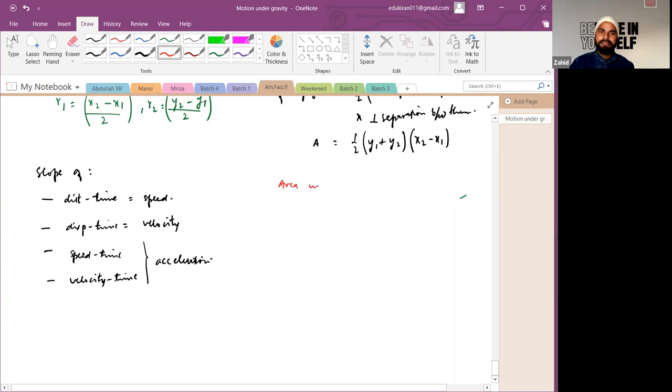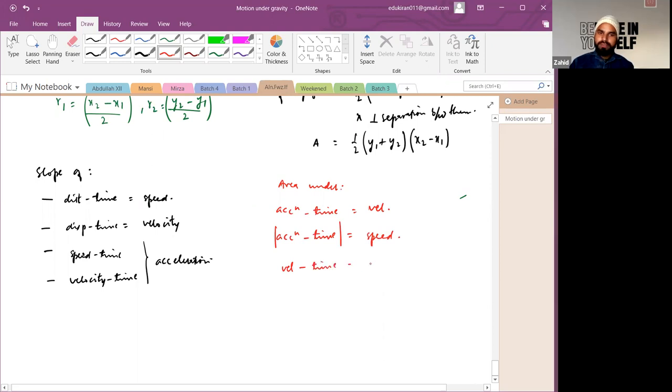Next is area under the graph. First is acceleration versus time. It will define velocity, but if you take its mod, that is only the positive value, so it will define speed. Next is velocity versus time.